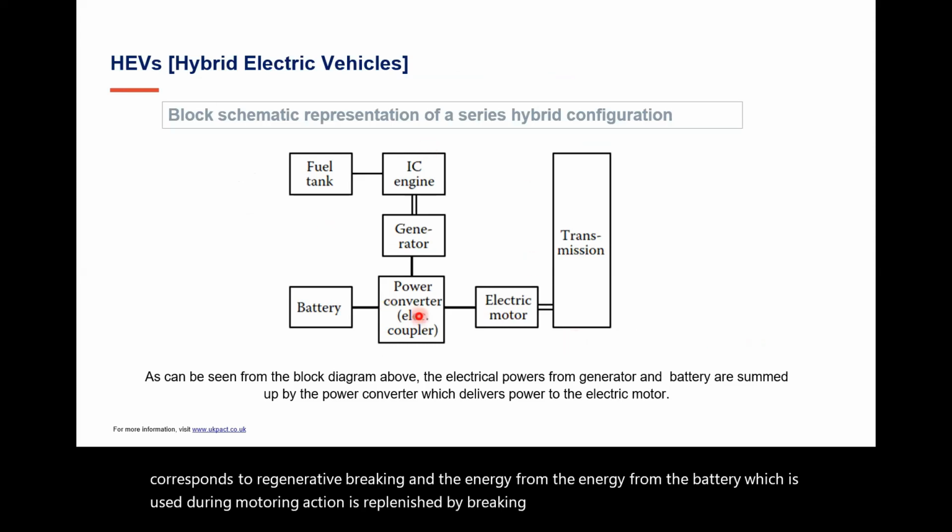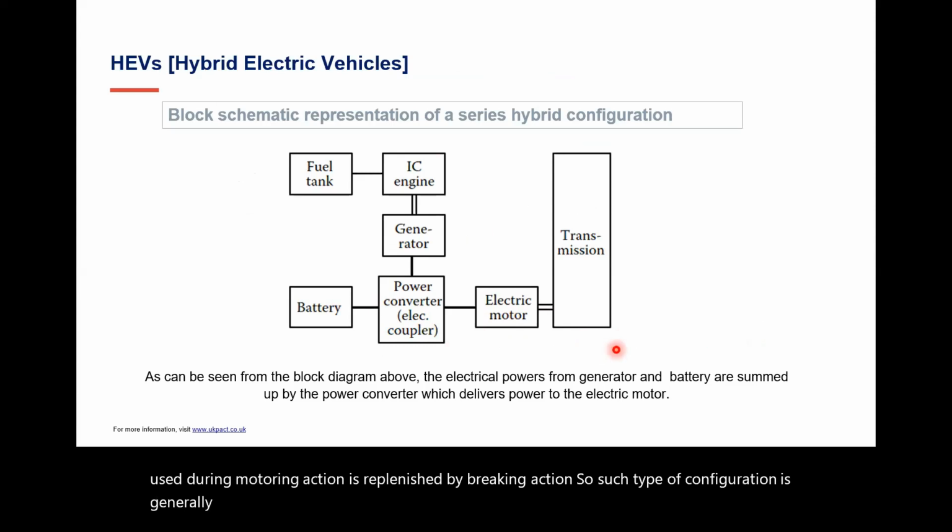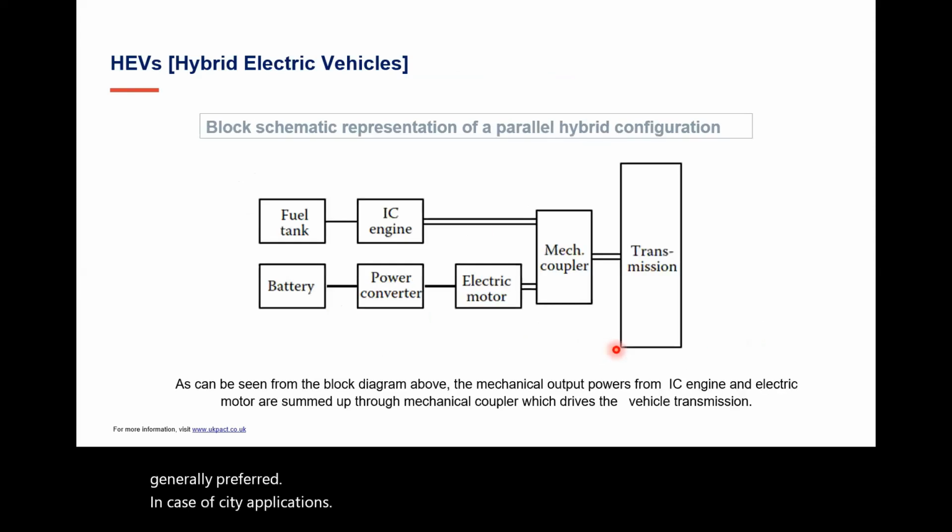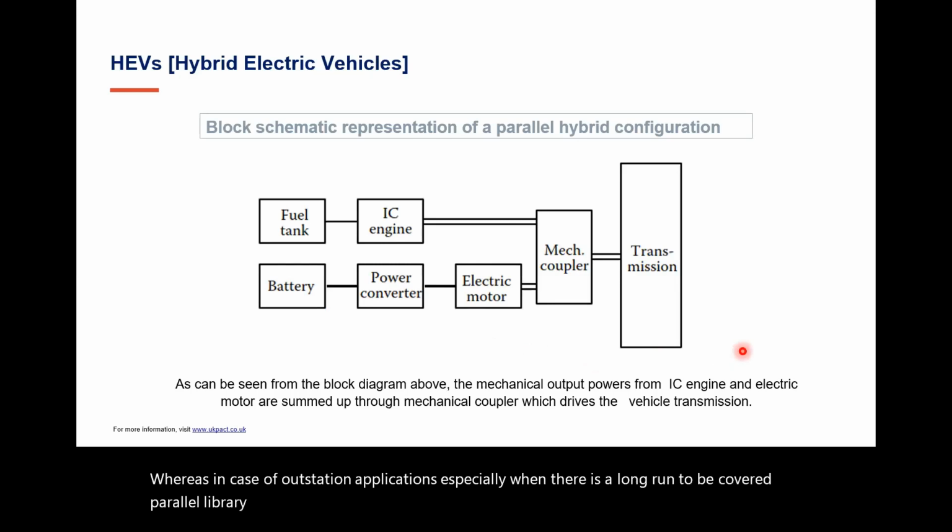So such a configuration is generally preferred in case of city applications, whereas in case of outstation applications, the parallel configuration is generally preferred, because even if there is a problem with electric propulsion, the engine can take over and can keep the vehicle going.